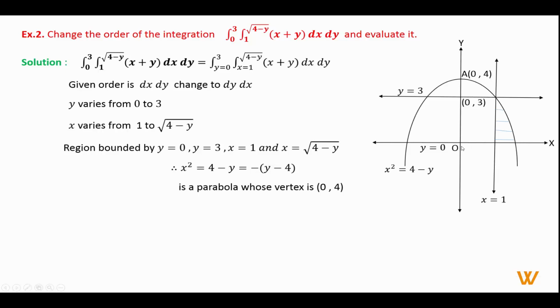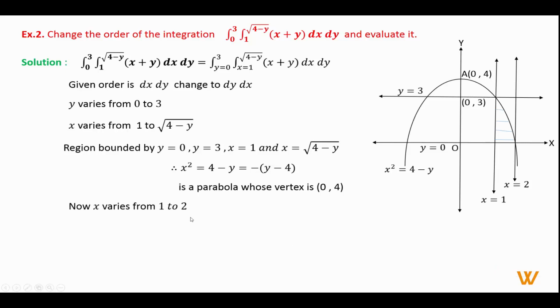X is plus 2 here and x is minus 2 here. So the coordinate of this point is (2, 0), so the equation of this line is x equal to 2. This line is parallel to the y-axis. So x varies from 1 to 2.